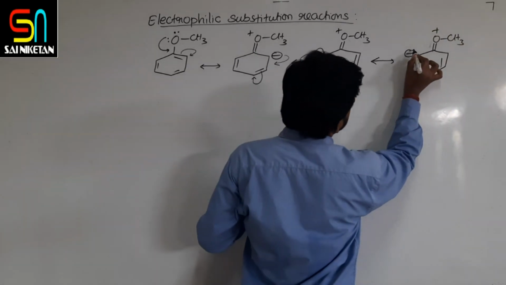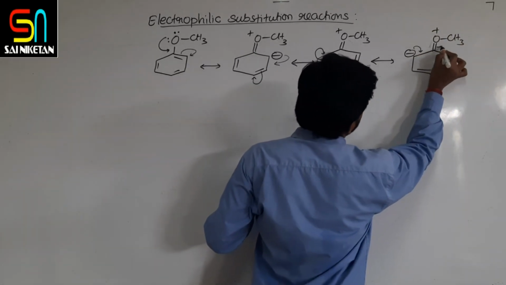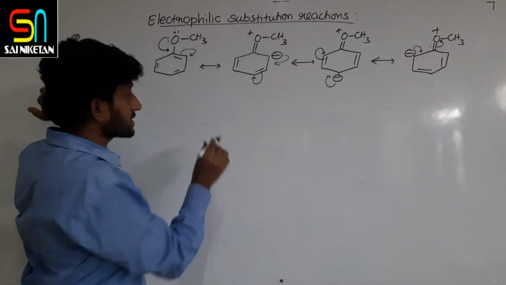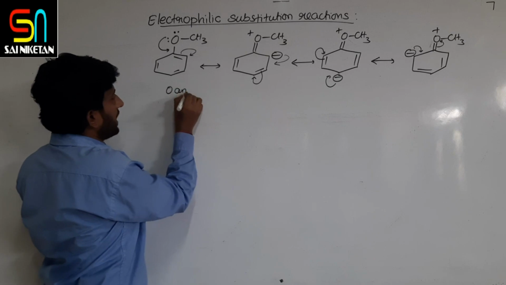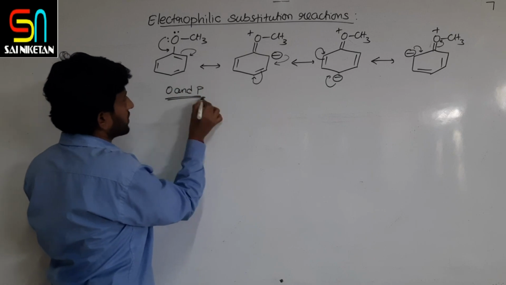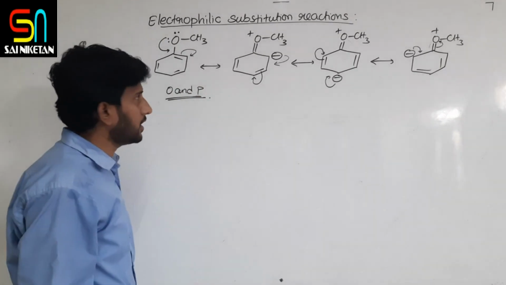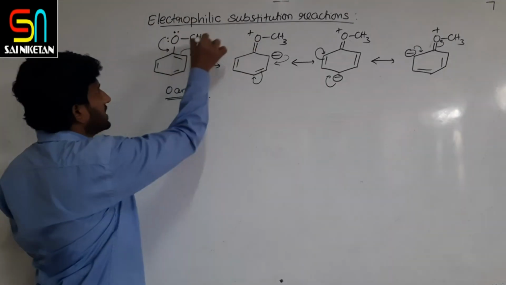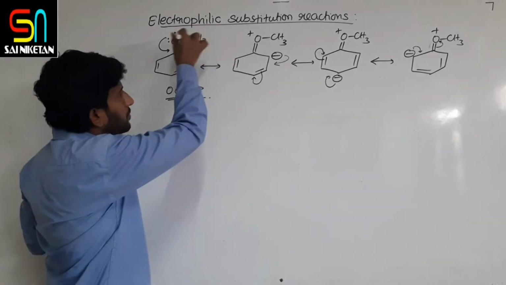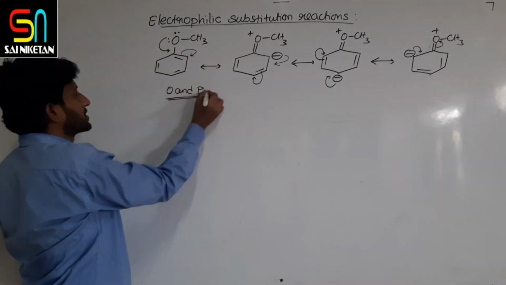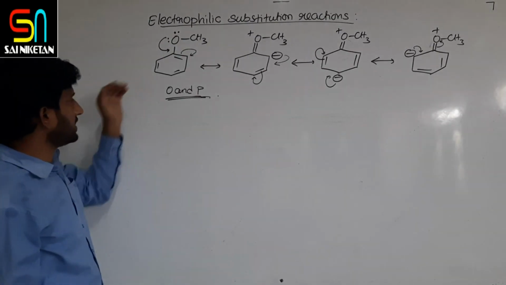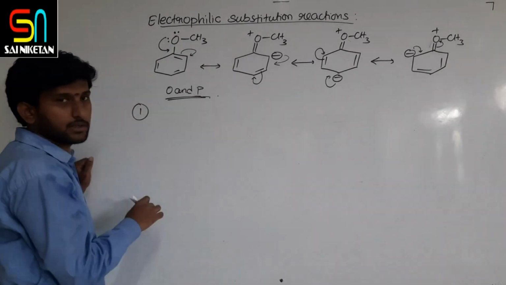Next, this electron shifts here and it will go back to the oxygen. So what do you observe in this case? Ortho and para positions are getting electron rich, right or not? So that means aryl ethers, if you take alkoxy groups, behave as electron releasing groups or ortho para directing groups. Now let us see some examples under this.